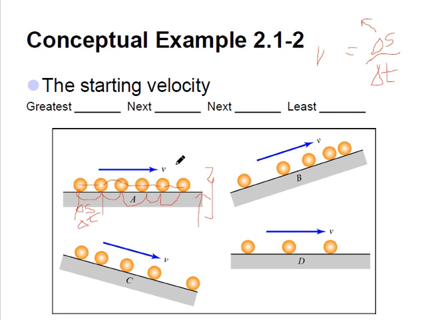It means that your velocity is the least at that point. It may be in motion, but the velocity you could say is zero. Now here, look at this tangent line.